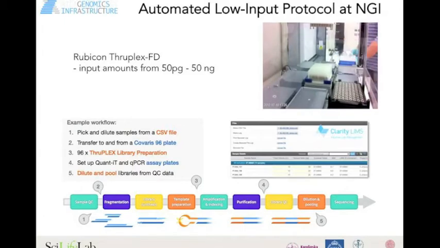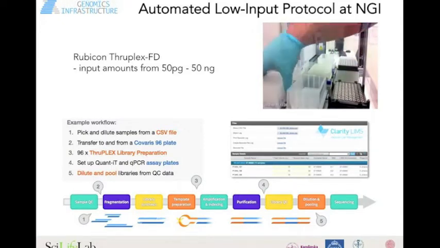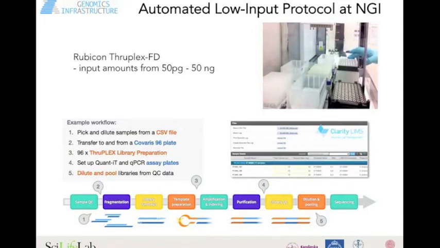And we're going to look only at library complexity as a measurement today, so nothing about analysis or other problematic areas. When we approached this, we looked at what we had, and we've already set up a low input protocol based on the Rubicon Thruplex kit. It supports input amounts from 50 picograms to 50 nanograms.